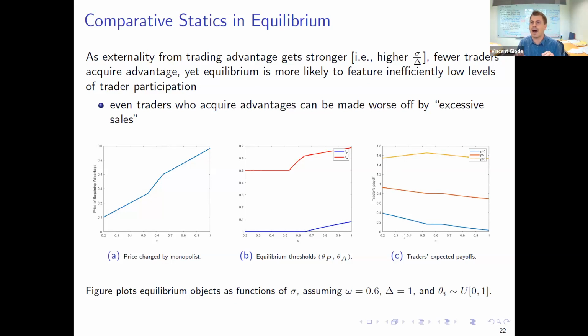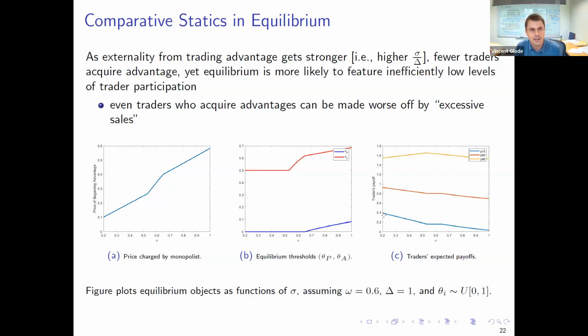What's interesting is how different traders are impacted differently by this trading advantage. So here again, this is as I make the trading advantage more powerful, or you can think of it as speed is faster, data is better, and so on.